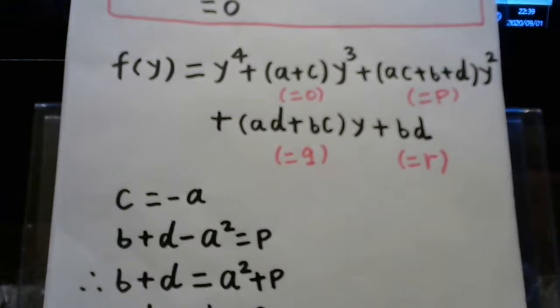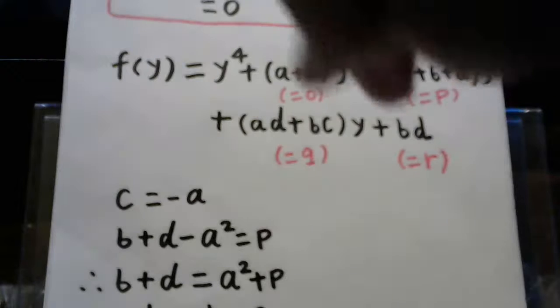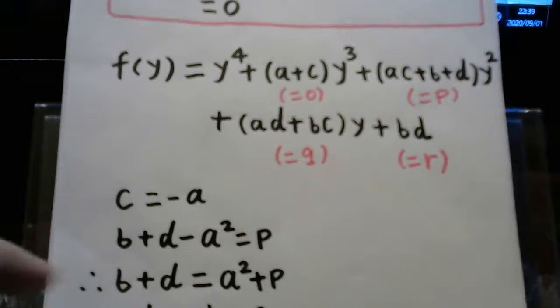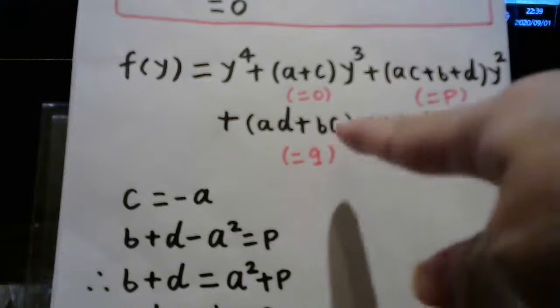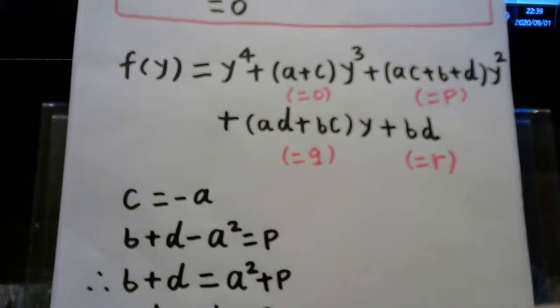Then b plus d minus a squared is equal to p. So b plus d is equal to a squared plus p. And from this equality, with c equal to negative a, ad minus ab is equal to q. In other words, a times (d minus b) is equal to q.